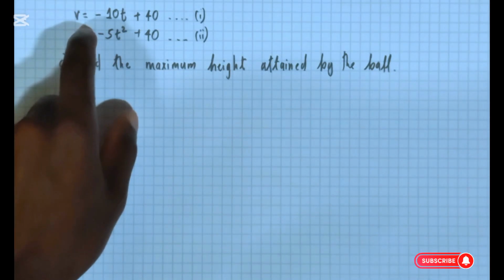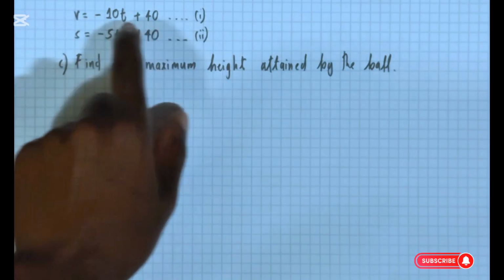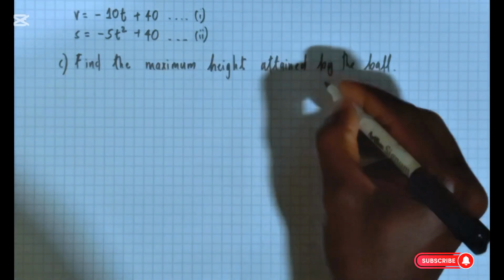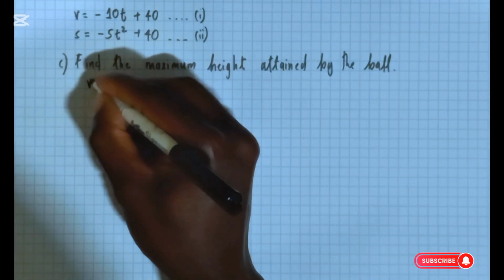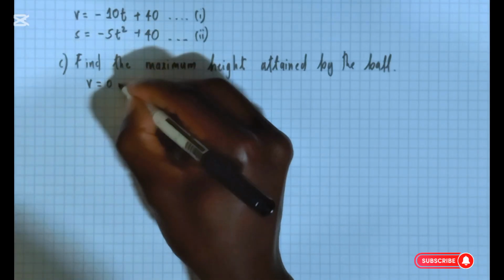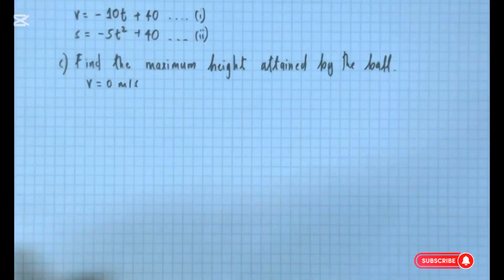So basically V is equal to 0 meters per second, the velocity of the ball at the maximum height.